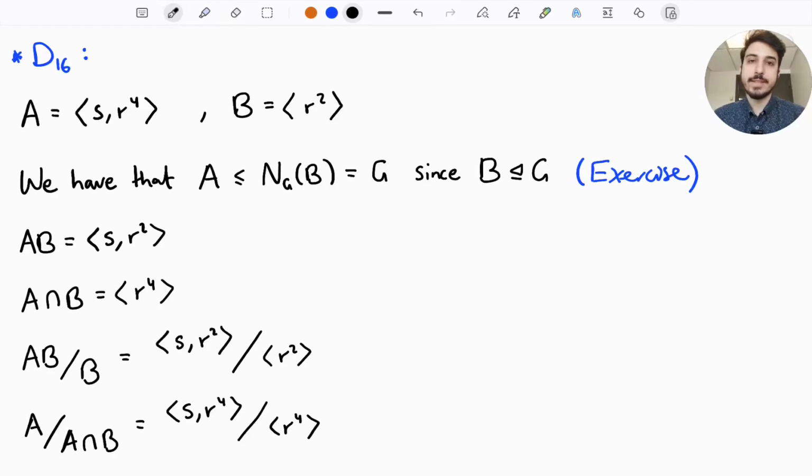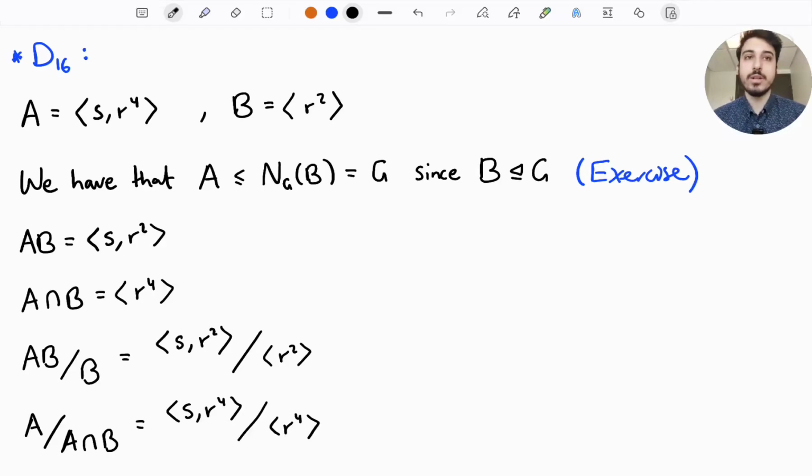Let us now look at an example of an application of the second isomorphism theorem. The example here is going to be in the group D16, the dihedral group of a polygon of 8 vertices, which is an octagon. So we have two subgroups of D16, A and B. A is the subgroup generated by S and R4, so basically generated by a reflection and 4 rotations.